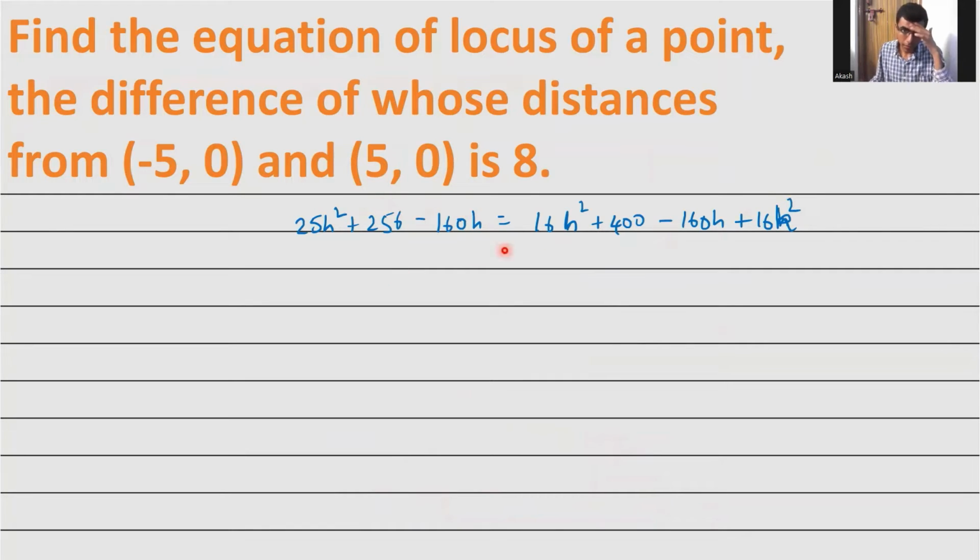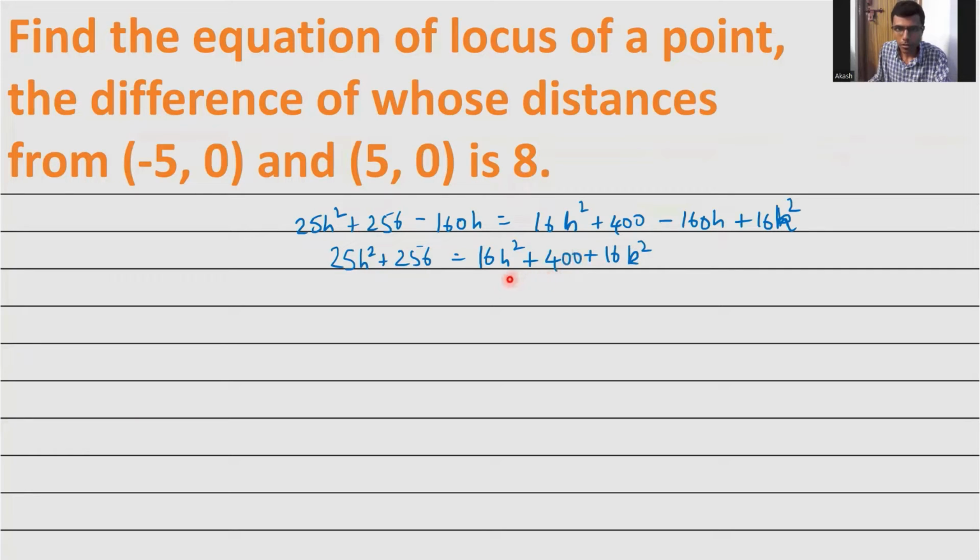Now you see minus 160h and minus 160h here cancel. Again, do the cancellation with pencil, guys. It will look neat. So I'd be left out with 25h square plus 256 is equal to 16h square plus 400 plus 16k square.